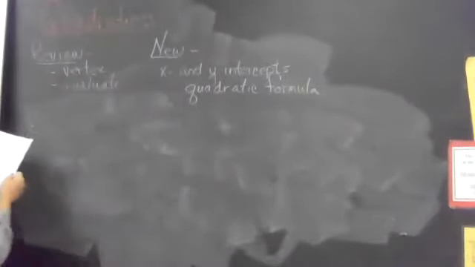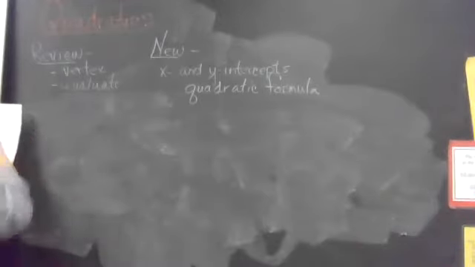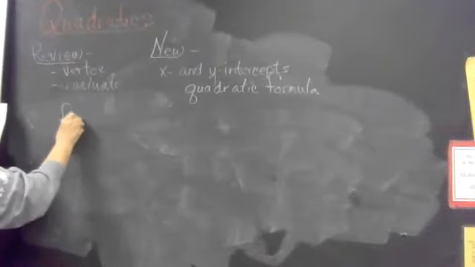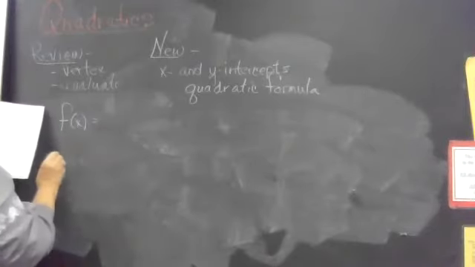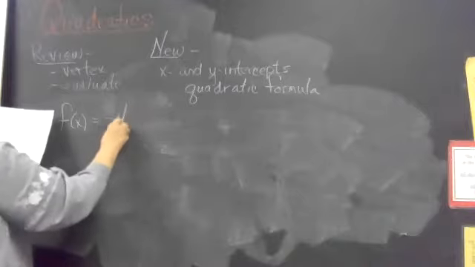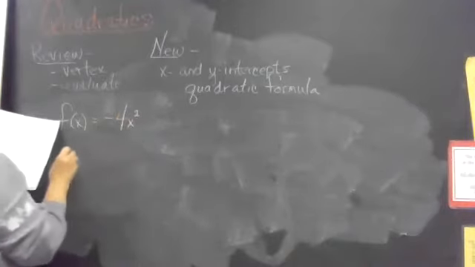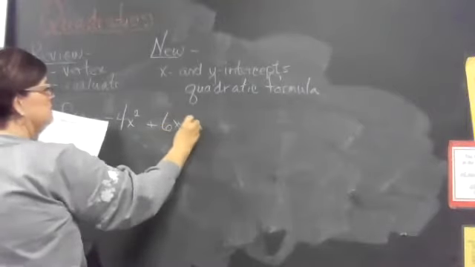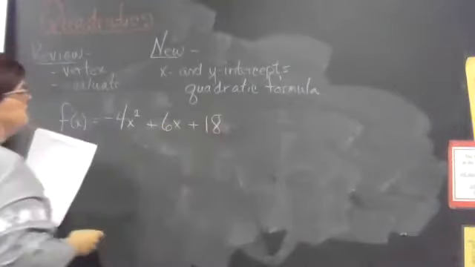Okay, so an example here would be, let's say, f of x equals negative 4x squared plus 6x plus 18.